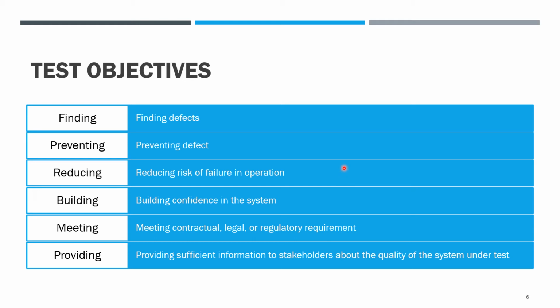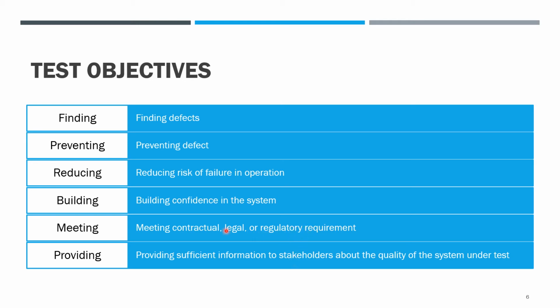The test objective is also to meet contractual, legal, or regulatory requirements. Normally in a project with a client, they specify that testing must be done, and that it should follow what the system owner requires.